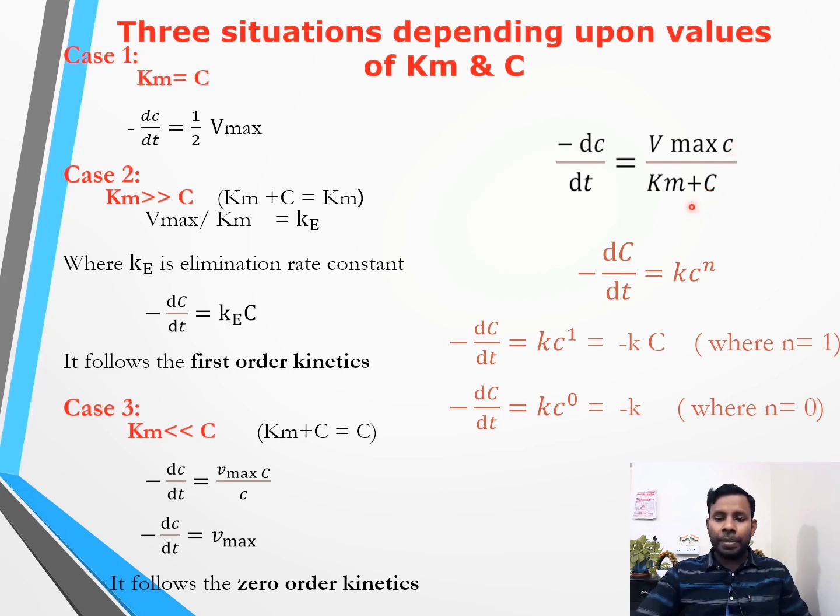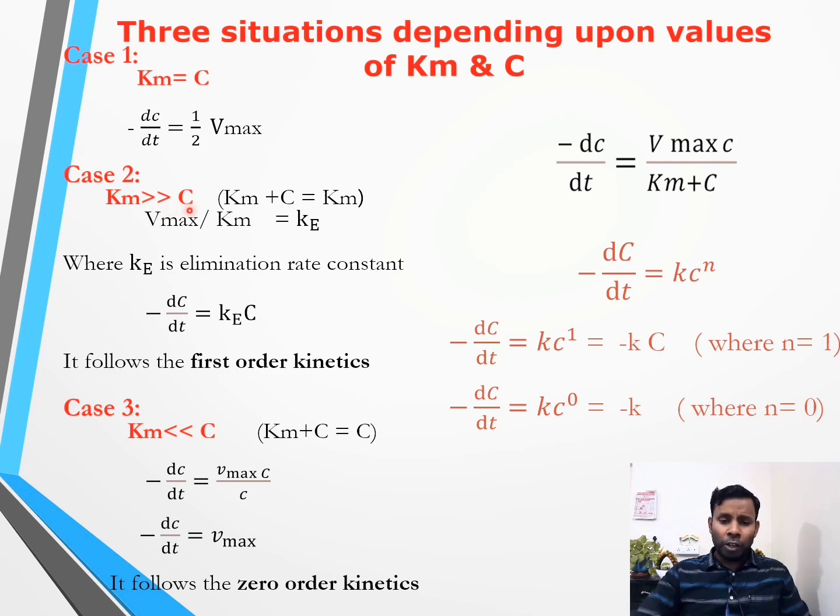Then this will become minus dC by dt is equal to Vmax by 2. So minus dC by dt is equal to half of the Vmax. That means when Km is equal to C, minus dC by dt will be half of the theoretical maximum rate of the process.